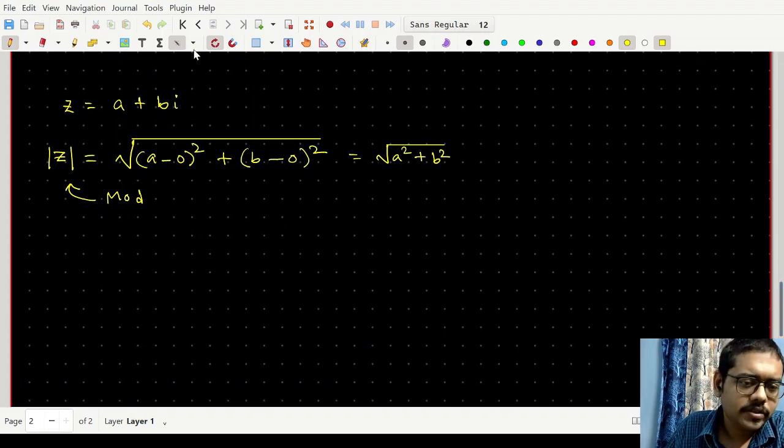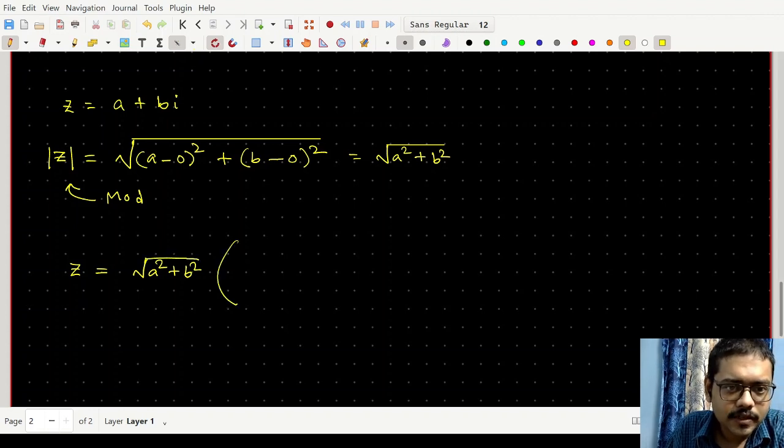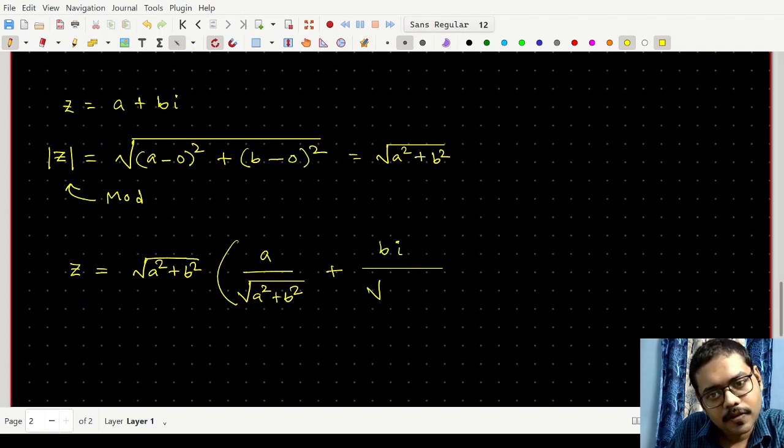And what is the argument? If we take the modulus common, so if we write z equals, we take the square root of a square plus b square common, then what remains? a over the square root of a square plus b square remains, and bi over the square root of a square plus b square remains.